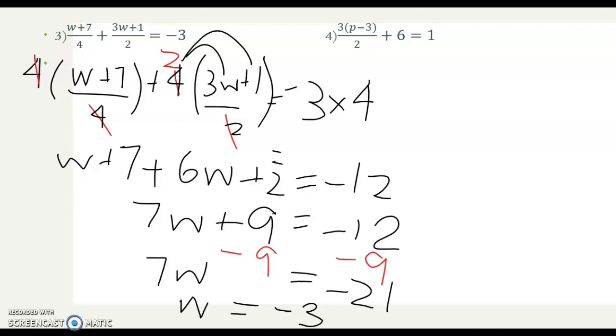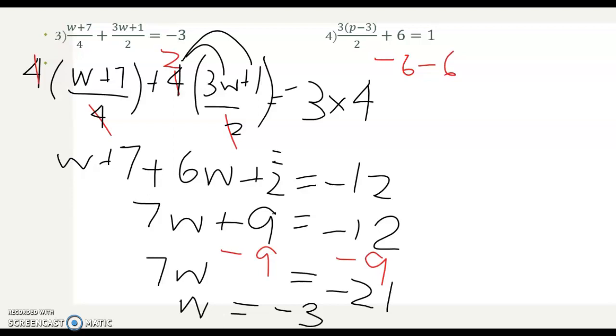I'm going to keep moving on with example 4. Now, this one is a little different again because we've got that plain 6 stuck out there, which doesn't have a denominator. My first step would be to subtract 6 from both sides, that way it just looks nicer.